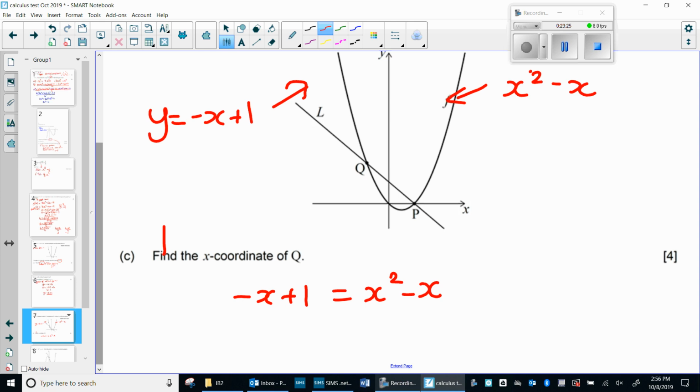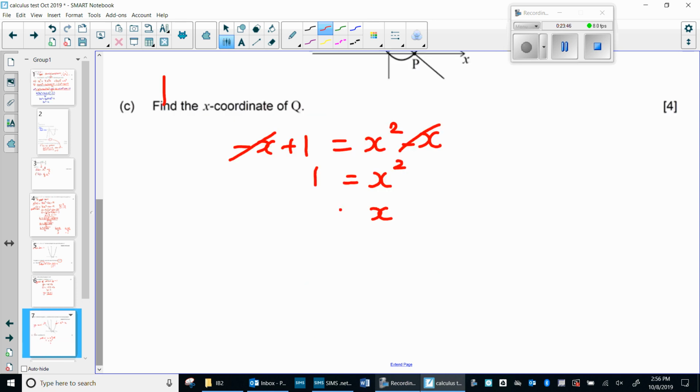Because to solve this, we need to make sure we're equating it to 0. So what I can see, I've got negative x here and here. That can obviously go. So I know that x squared is equal to 1. So what must x be equal to? The square root of 1, which we know in these days is plus or minus 1.